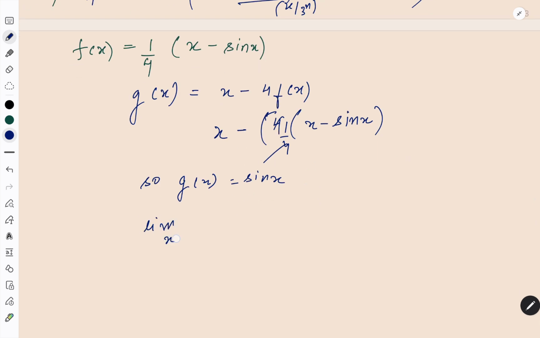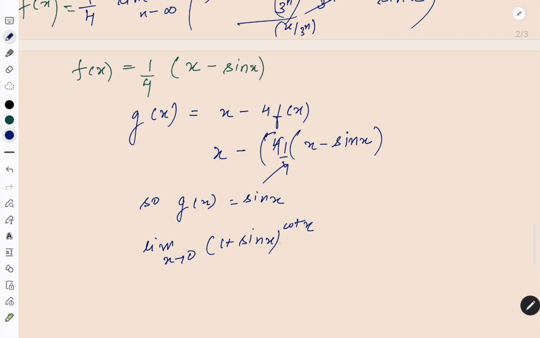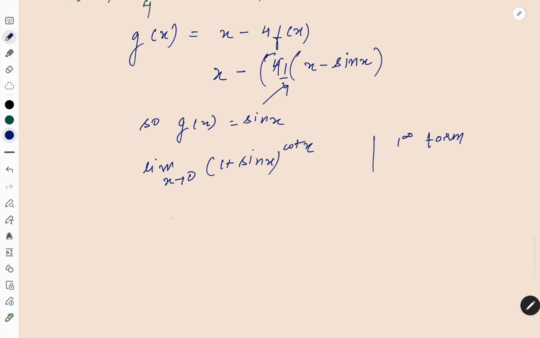So g(x) comes out to be sine x. Limit x tends to 0, (1 plus sine x) raised to the power cot x, as that was what we were asked. So sine 0 is 0, so that's a 1 to the power infinity form. So we gotta check it here now. It comes e to the power limit x tends to 0 of (1 plus sine x minus 1) times cot x.